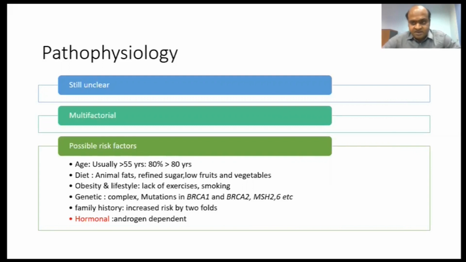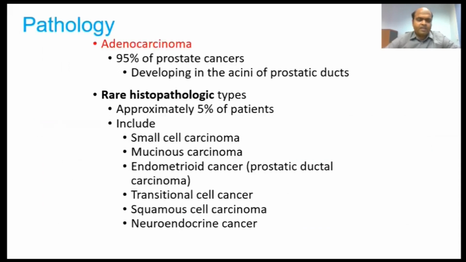And if there is a history of prostate cancer in first degree relatives, it also increases the risk of prostate cancer by twofold. If I talk about the pathology of prostate cancer, 95% of prostate cancers are adenocarcinoma.